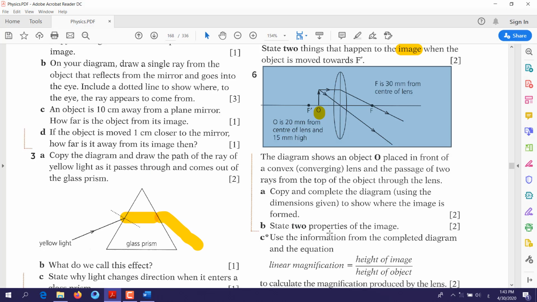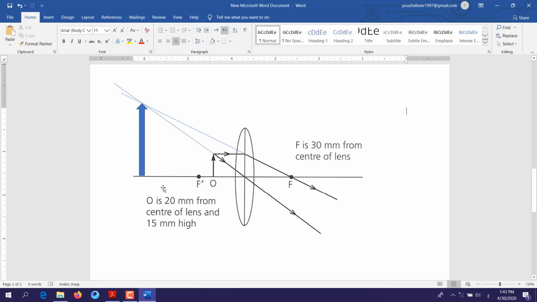B. State 2 properties of the image. If we take a look at the image, how is the image? Firstly, because it's virtual, look at the arrow, okay? The tip of the arrow, both of them are at the top. So now this image is upright.